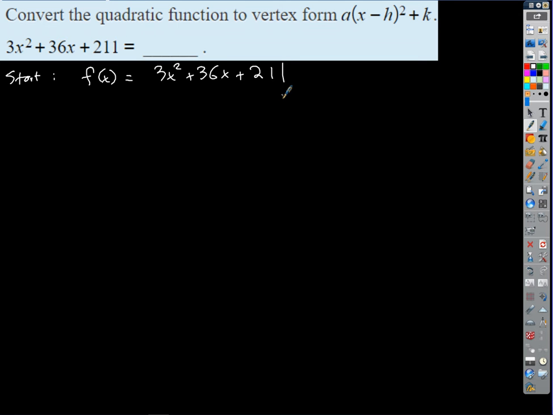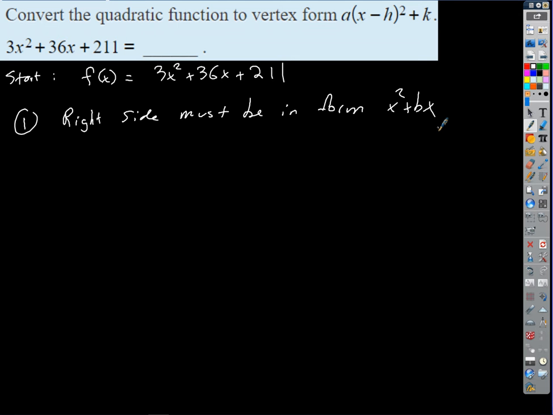Okay, so the first big step is we've got to get the right side of our equation must be in the form x squared plus bx, right? So what are the things we've got to do to get this into the form x squared plus bx?